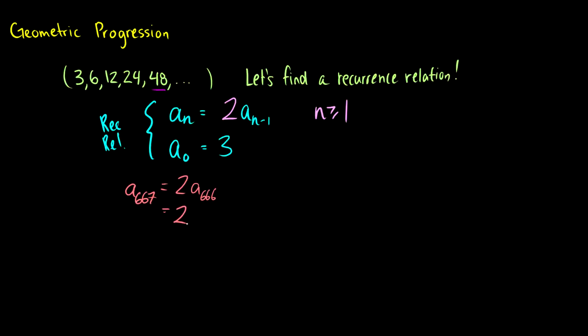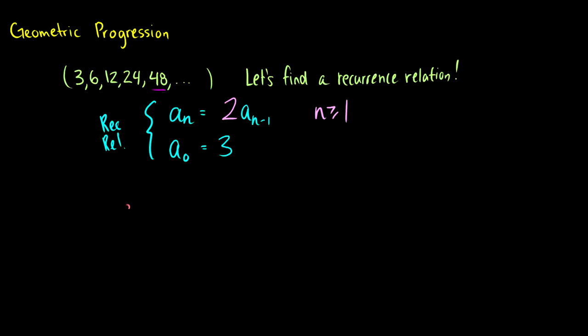Well, that's just 2 times a of 665. So if you know a of 665, then you can figure out a_666 and a_667. But that's kind of an absurd claim because that's a lot of unnecessary computation. What we want is a way to solve this for a formula.